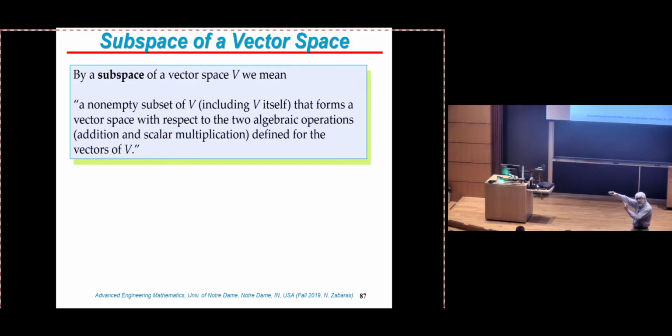And we will see this with plots and everything in a forthcoming lecture. The idea here is that the subspace is a subset, if you like, of the vector space, but it needs to satisfy the same properties that the vector space V satisfies. And primarily, you need to remember that if you take linear combinations of vectors from that subspace, they need to be in that subspace, which means 0 has to be there. If 0 is not there, this is not going to be a subspace.